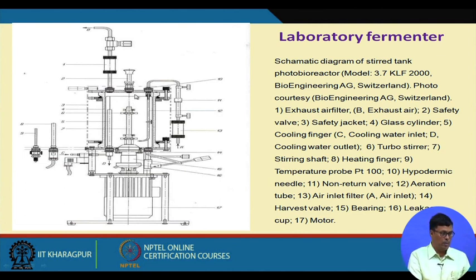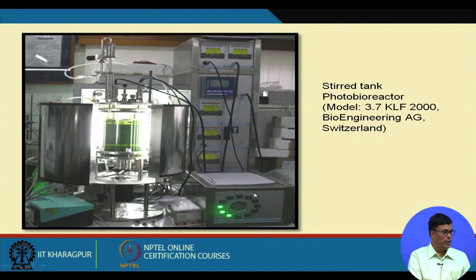We always have a safety valve in the industry. And this is the motor for the operation of this shaft. Now this is the bioengineering fermenter that is in operation in our lab.